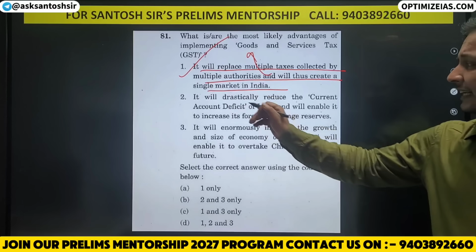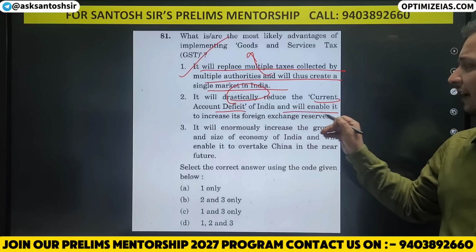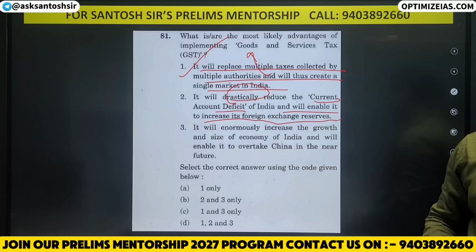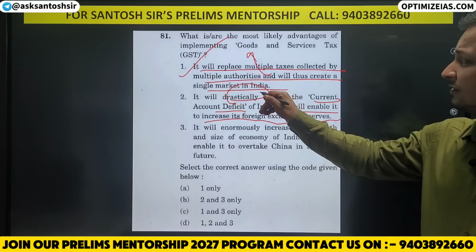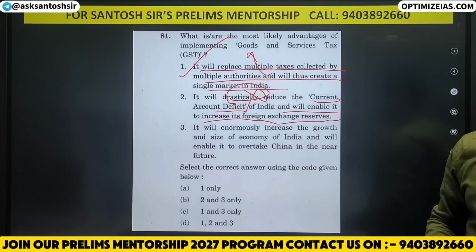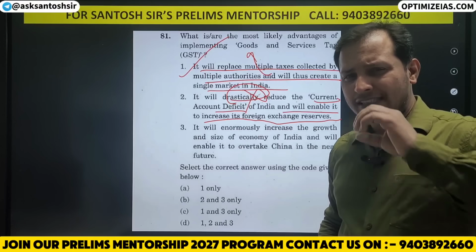Now let us read statement 2 and statement 3. Statement 2 says it will drastically reduce the current account deficit of India and will enable it to increase its foreign exchange reserves. Guys, drastically reduce the current account deficit. Whenever you come across the word drastically, whenever they talk about the impact of an economic reform and use the word drastically, generally those statements are incorrect.